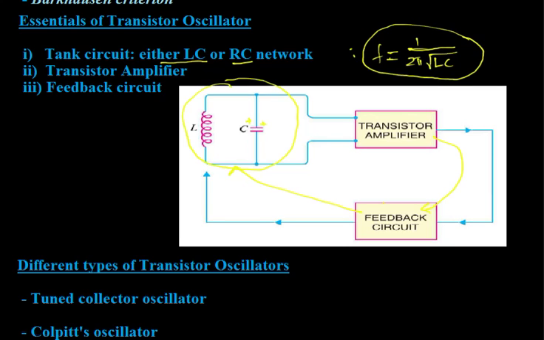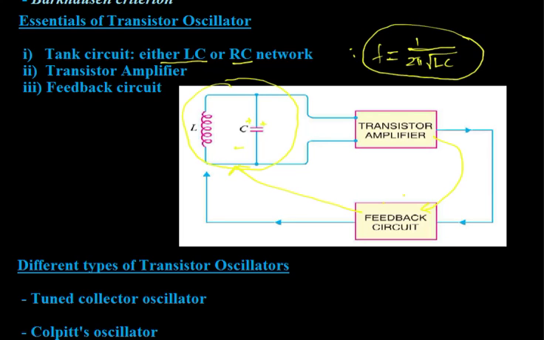So once the oscillations are produced by this tank circuit, it is amplified and obtained in the output of the transistor amplifier. A part of this output is given to the feedback circuit, which is fed back to the oscillatory circuit to meet the losses, so that this process continues indefinitely. So we will get undamped oscillations in the output of this transistor amplifier.